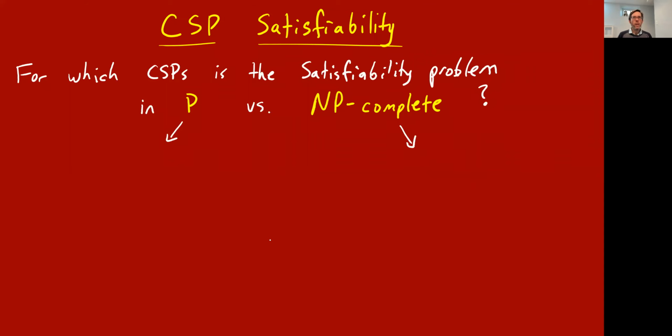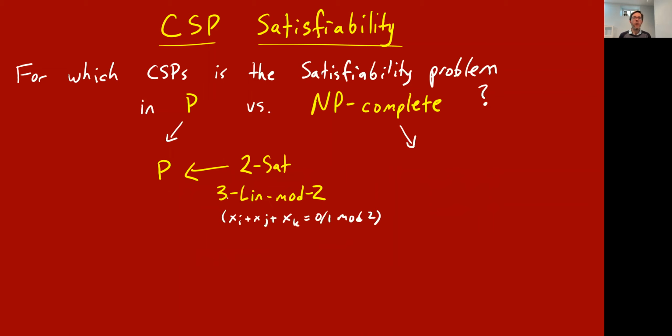Okay, so how can we tell the difference? For example, 2-SAT, P or NP complete? This is definitely non-trivial, but you probably know that it's in P. You can decide if a 2CNF instance is satisfiable or not. 3-lin mod 2 is a CSP where you have linear equations.